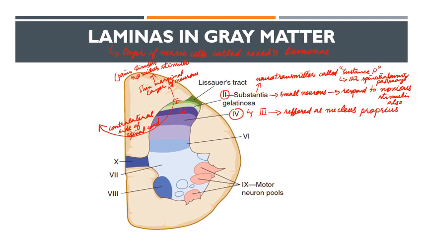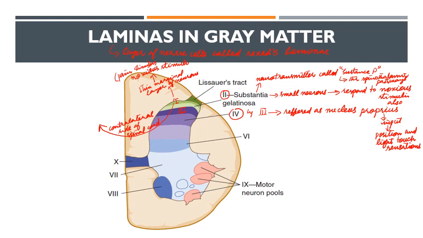The main input to nucleus proprius is from fibers that convey position and light touch sensations.